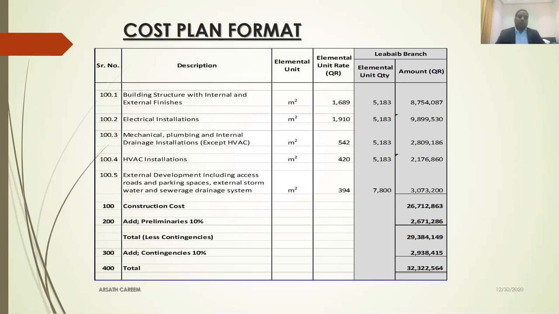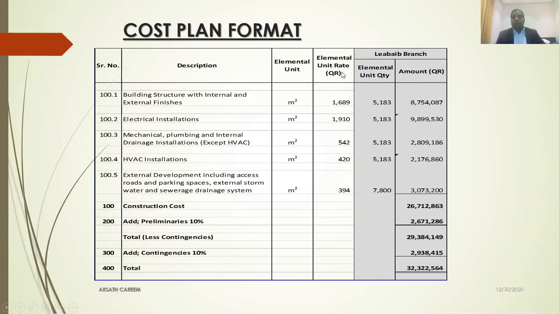So here, building structure, internal, external finishes. Rather than putting substructure, superstructure, internal finishes separately, I covered them with one item to reduce the number of elements. Then elemental unit rate, elemental unit quantity, amount.